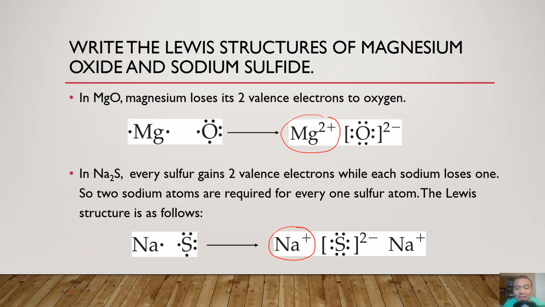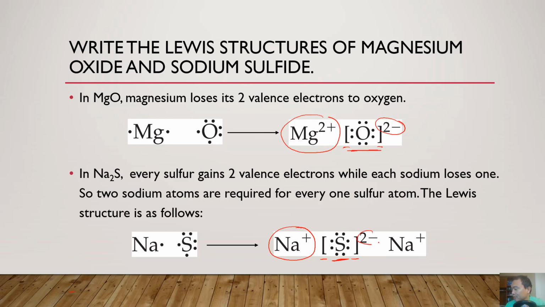However, in the anion, for example oxide, you do see 8 dots surrounding it inside a bracket, which is usually used to represent an anion. The 2- indicates the charge. In sulfide, you have 8 dots surrounding sulfur with the bracket.